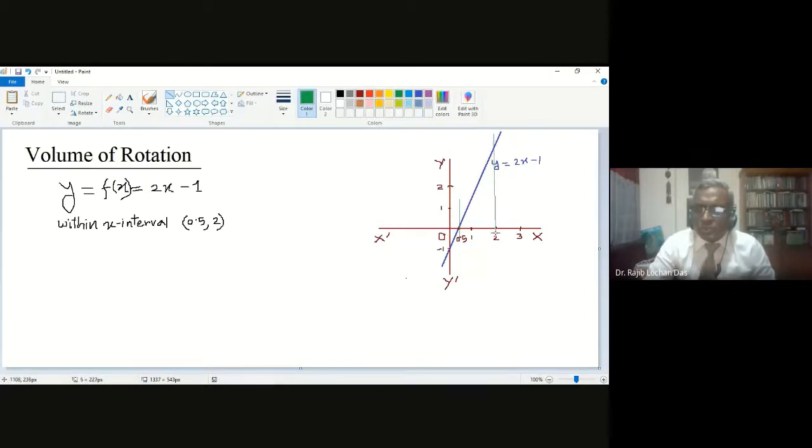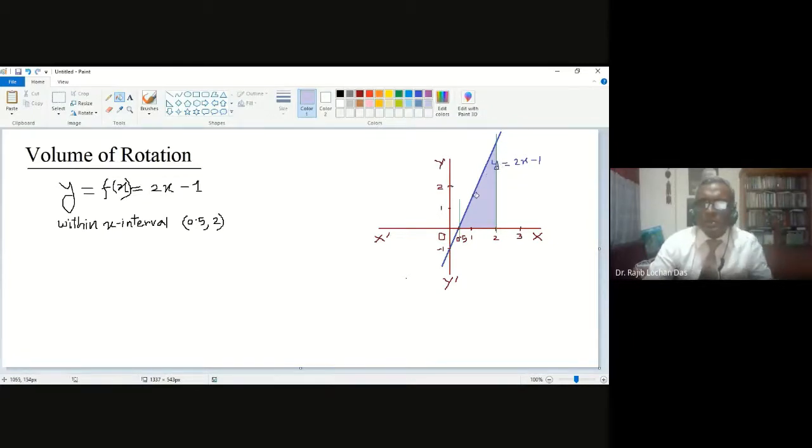So this is the boundary line for x equals 2. Now there is the area inside, and I can fill it up with a color. So this is the area.